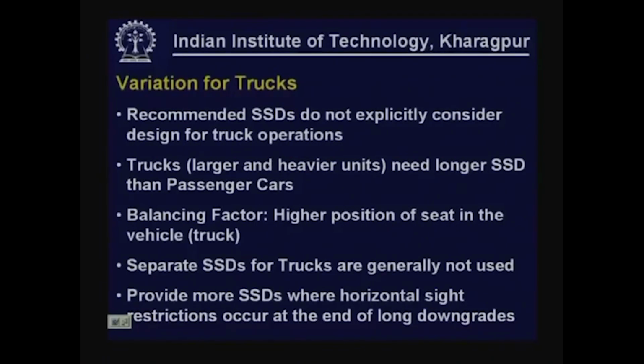Because of the higher height, drivers can see longer distance of road. So, the available sight distances are generally higher for trucks. Therefore, separate stopping sight distance values are not recommended for design purpose.